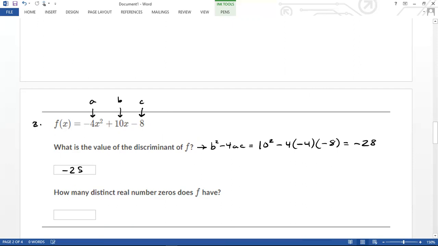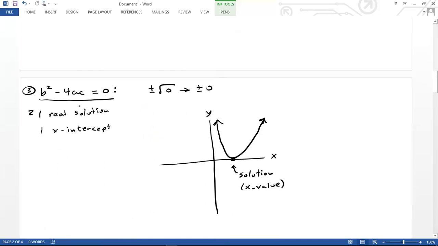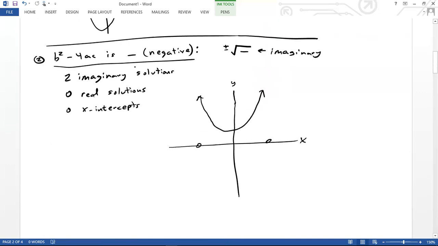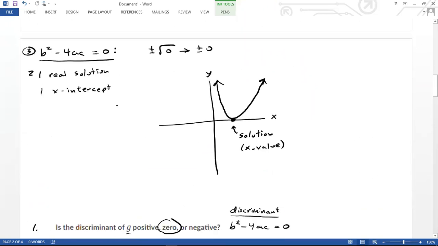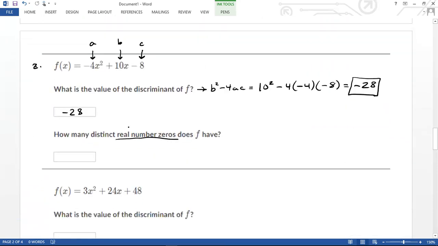How many distinct real zeros or real solutions are there? Well, our discriminant, b squared minus 4ac, is negative. When b squared minus 4ac is negative, you have 0 real solutions and 0 x-intercepts. So for number 2, how many real zeros, which is the same as real solutions?